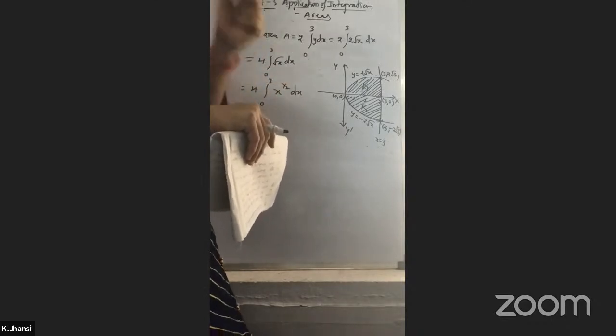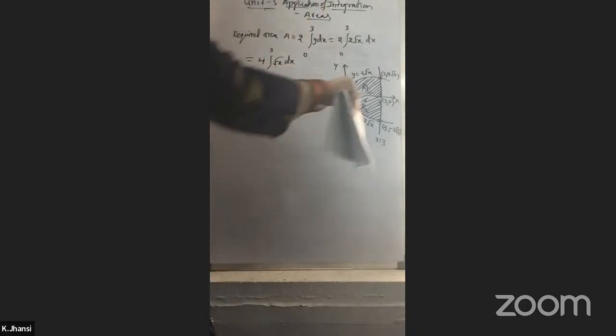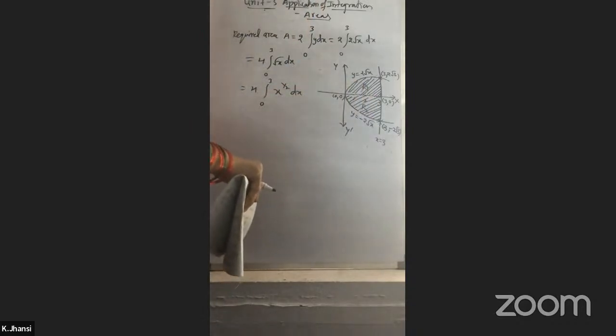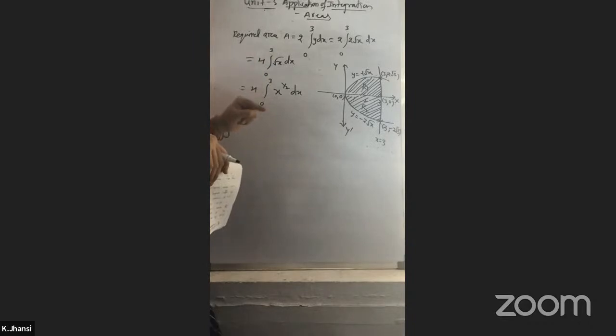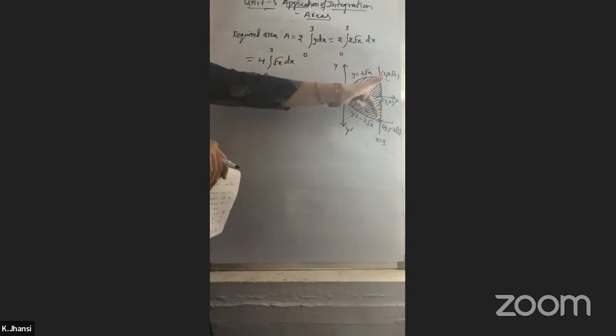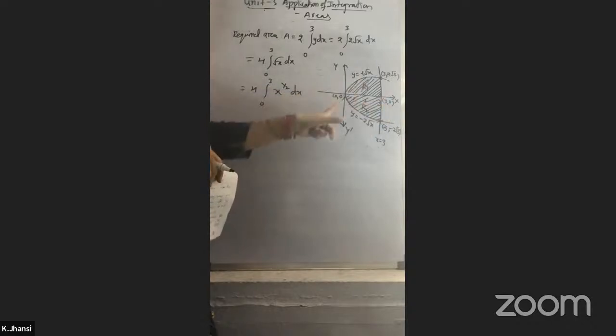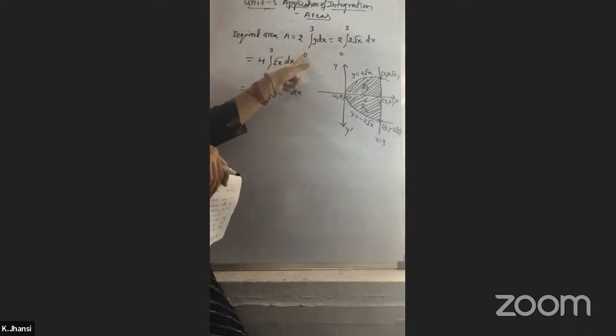So these are the steps to follow for finding the areas. Okay, first one is plot the diagram. After that, find the point of intersection. Compulsory we need the point of intersection where they are cutting the graphs, and we need the limits also. From where to where the graph goes, that limit you will get for finding the answer.